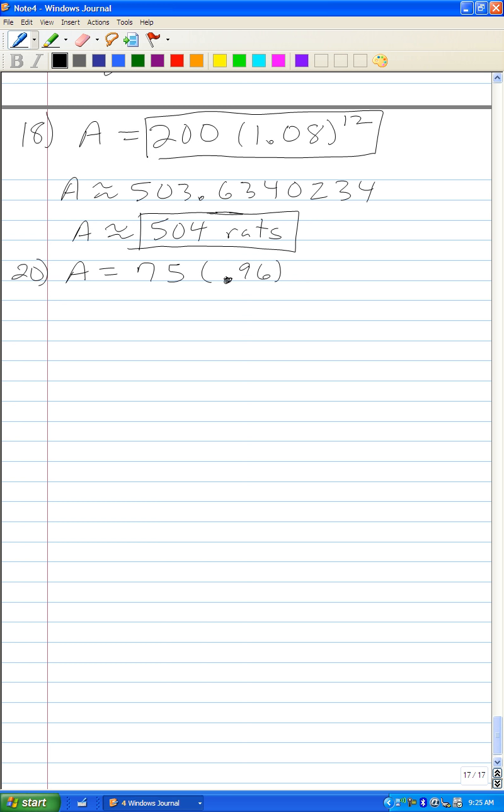You want to figure out how much remains after 14 days. And so that's the amount. Let's plug this into a calculator to find its approximate amount. And so 75 times 0.96 to the power of 14 is 42.